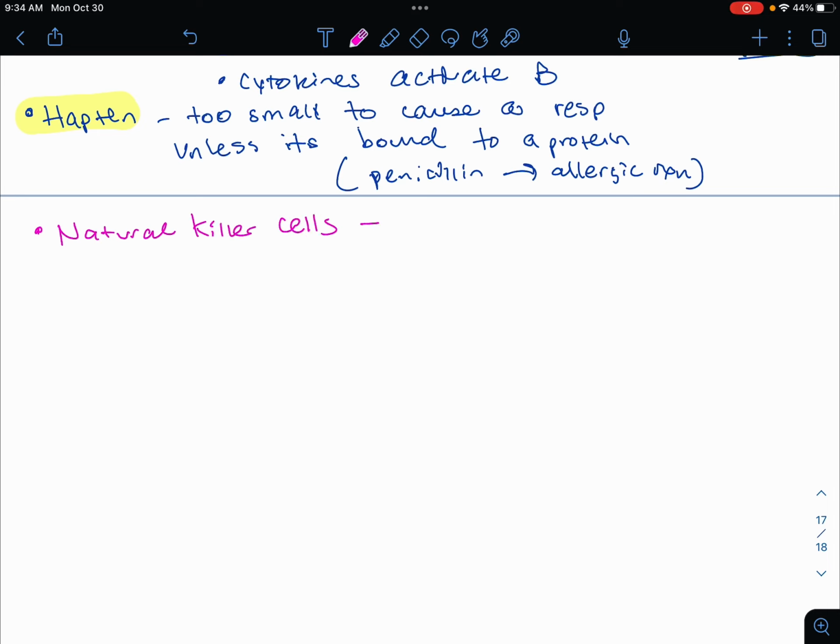And these are going to cause apoptosis in antibody-bound self cells. Let me write that better. These are going to find host cells containing foreign proteins in the membrane bound by antibodies.